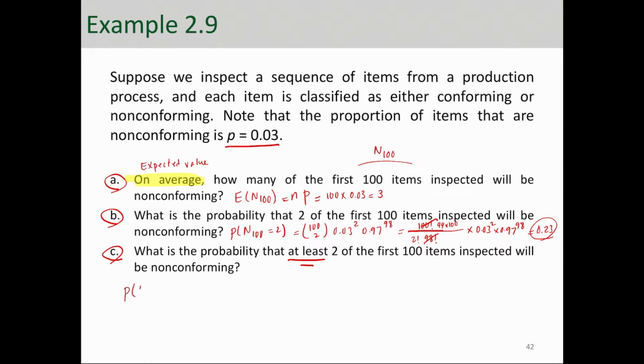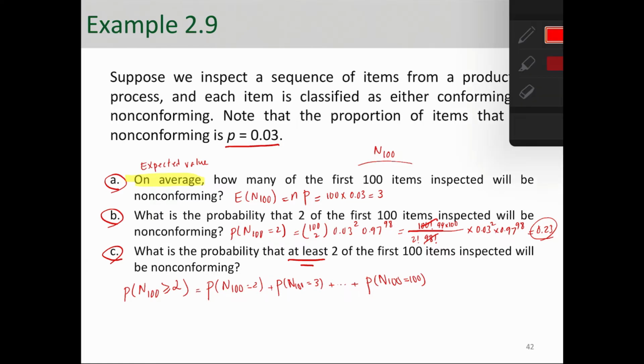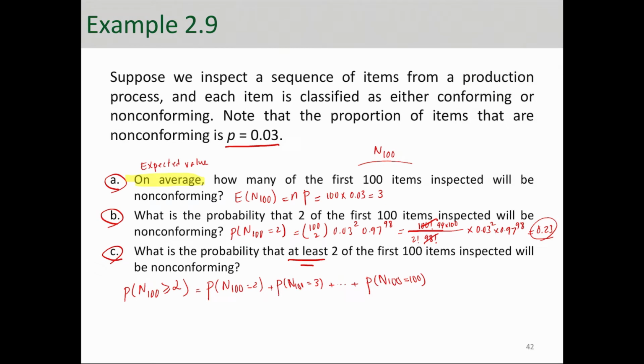We're looking for the probability of N100 greater than or equal to 2. That means N100 equals 2 plus N100 equals 3, all the way to the probability of N100 equals 100. That's a lot of probabilities to calculate. What's the smart way of approaching this?